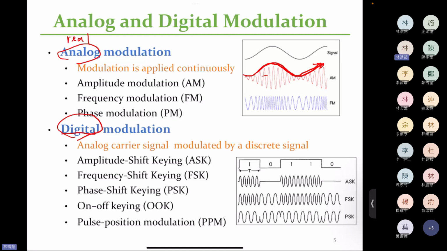When you say digital, that means you want to make decisions one by one. But if you see analog, it means that this decision can change over time continuously without a boundary. So one is continuous changing, one is discrete changing. So analog modulation means that you can change this waveform continuously.